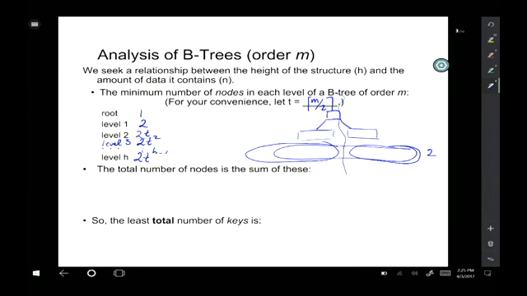So I want to count the total number of nodes in the whole tree, in the smallest possible tree. The total number of nodes is the sum of all of those, right? You can add them up level by level. So it's going to be 1 plus 2 times the sum from k equals 0 up to h minus 1 of t to the k. Oh boy.